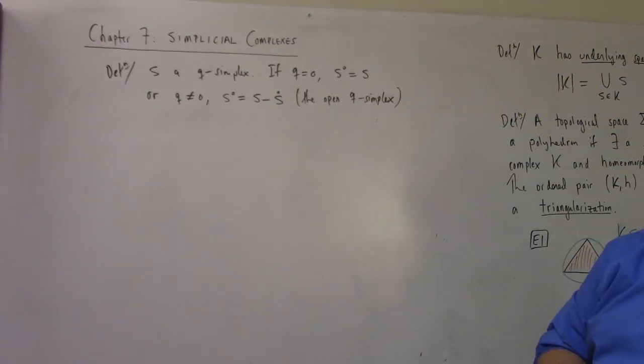But if S lies in a simplicial complex K, then the interior of S may not be an open subset of the underlying space of the simplex. For example, the open 1 simplex is an open interval, but its endpoints are open 0 simplices, which are of course not open subsets of the closed 1 simplex spanned by its endpoints.